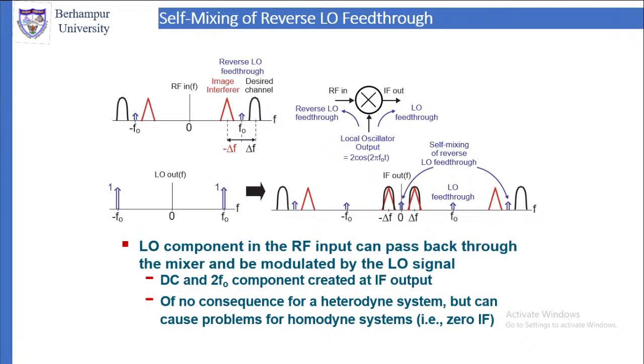Self-mixing of reverse LO feed through is important because of the presence of this F0, and DC and 2F0 components will be created at the IF output. This is of no consequence for a heterodyne system, but can cause problems for a homodyne system because IF is 0.